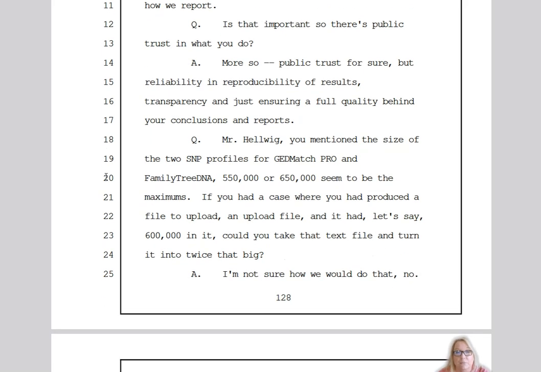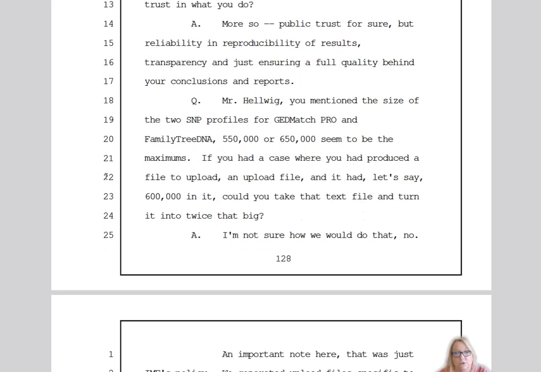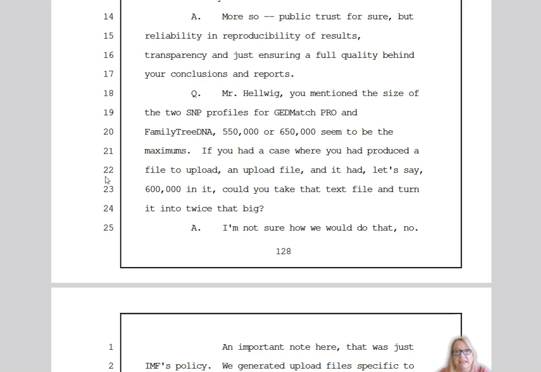She says, is that important so there's public trust in what you do? He says, more than public trust, reliability and reproducibility of results, transparency, and just ensuring a full quality behind your conclusion and reports. Let's just talk about a cooking recipe.